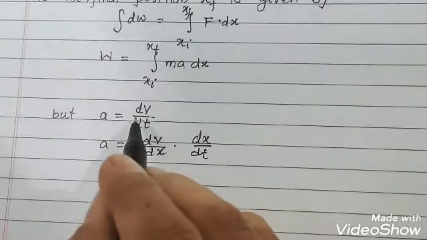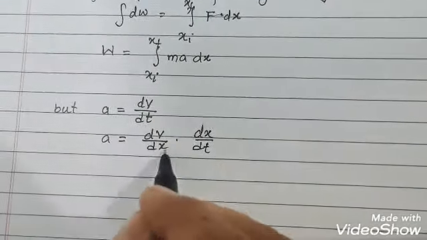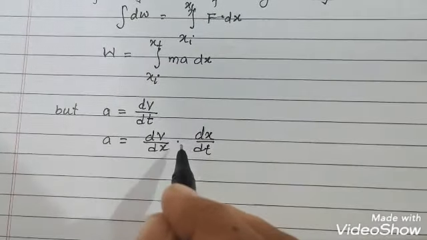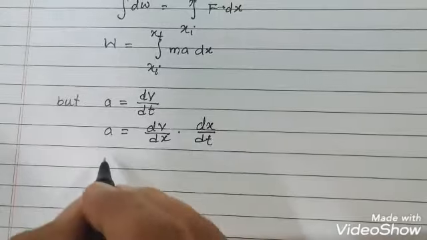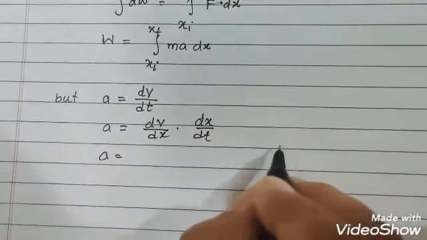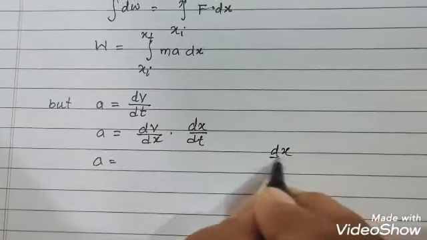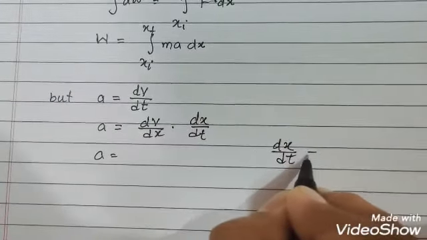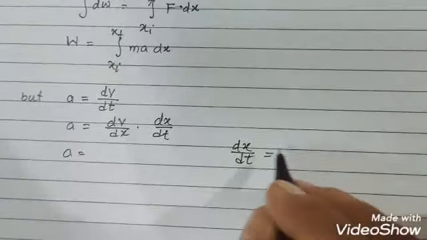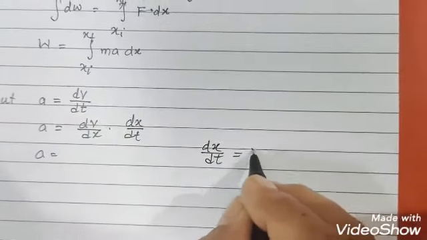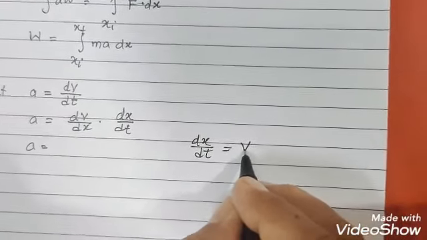This way we write dv upon dt in differential form. Now we know that dx upon dt, that is the change in position, the displacement with respect to time, will give us the velocity v.